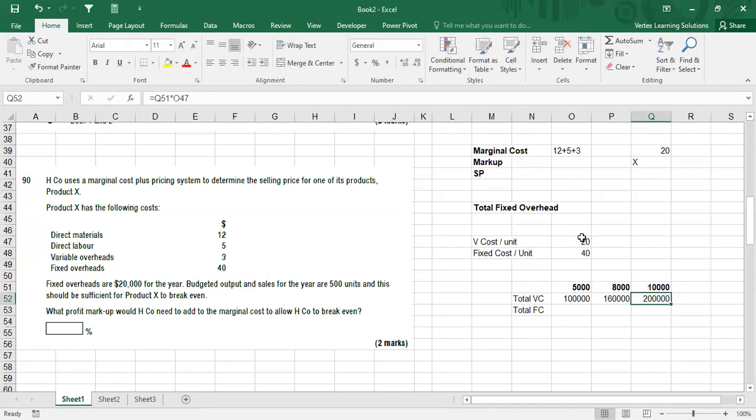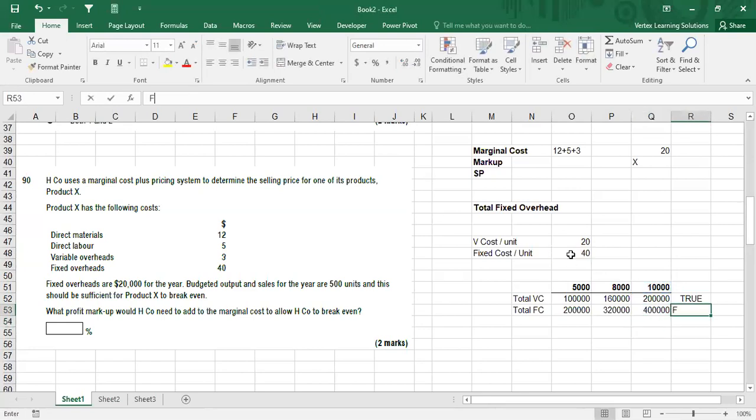The more units, the more variable cost you will incur, and that is true. It is okay, I have no problem with that. But then they will say 5,000 multiplied by 40, then 8,000 multiplied by 40, and 10,000 multiplied by 40.